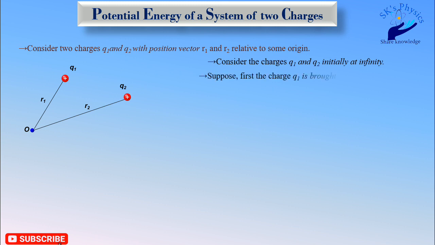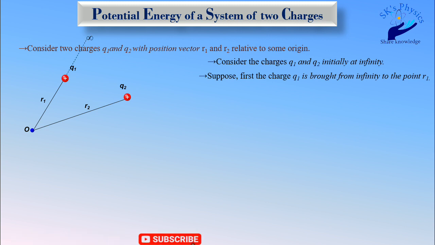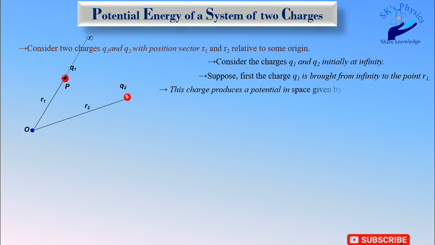Suppose first the charge Q1 is brought from infinity to point R1. This charge produces a potential in space; the potential V1 at P due to the charge Q1 is V1 = 1 upon 4 pi epsilon 0 Q1 upon R1P.